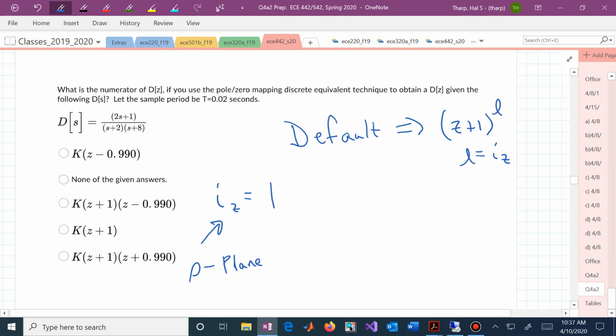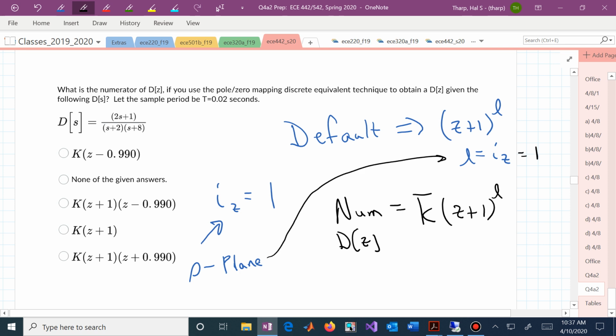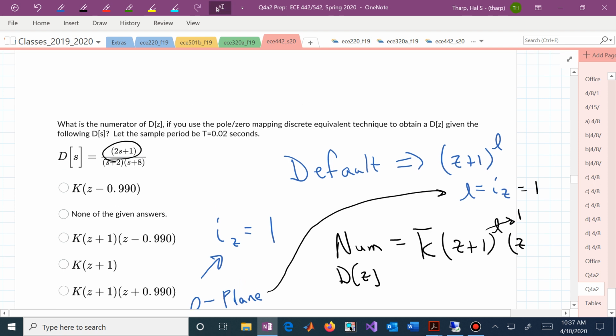We have 1 now. And so now our numerator in our D of z is going to be some k bar, or k. It's going to have a z plus 1 raised to the L, and in the S-plane, I sub z was 1, so we're going to have that equal to 1 because nothing was said about the pole zero excess of D of z. And then we also need to realize that we also have that 0 factor due to this 0 in D of s.